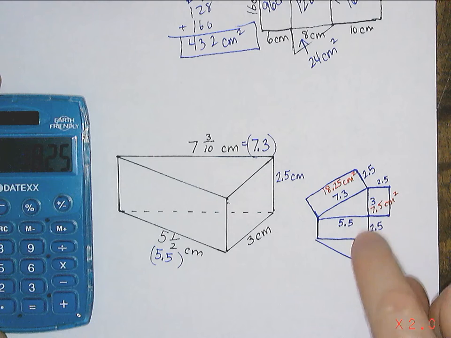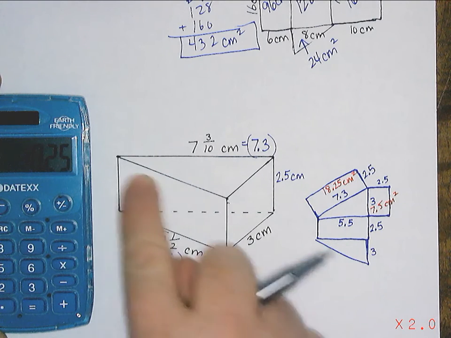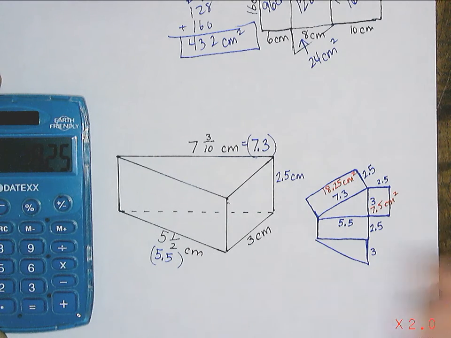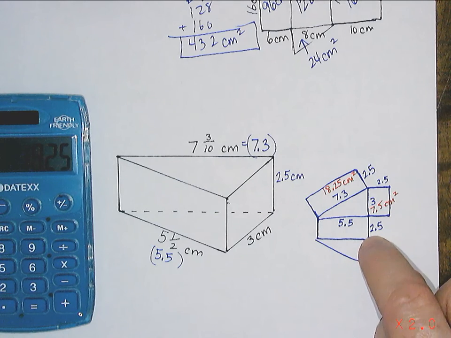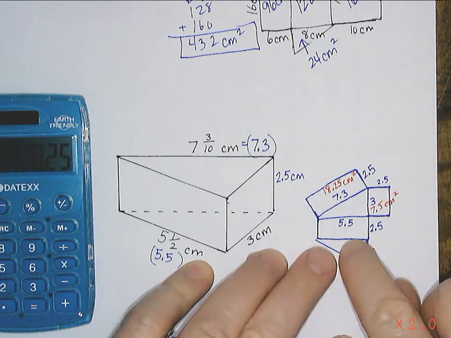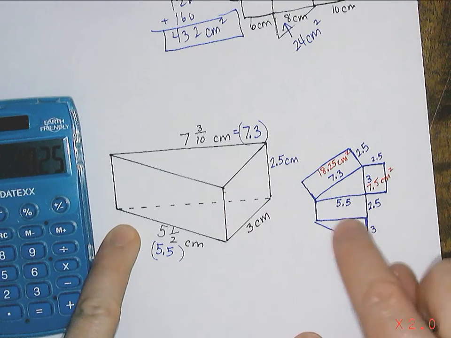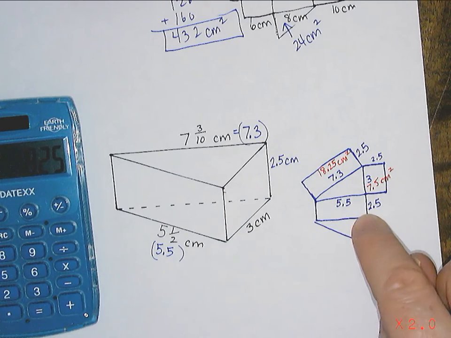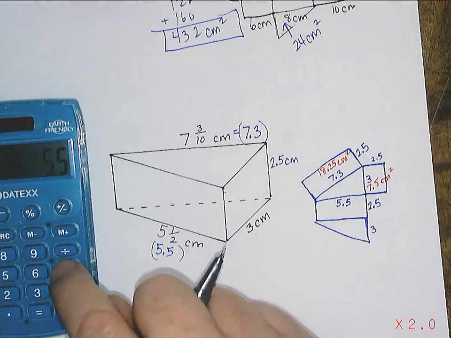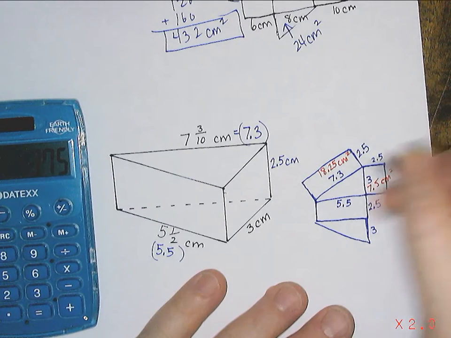We're going to do the triangles last. This part here, 5.5 by 3 is going to be 16.5. Wait, I'm wrong. 5.5 times 2.5, my bad. 5.5 times 2.5 is going to be 13.75.